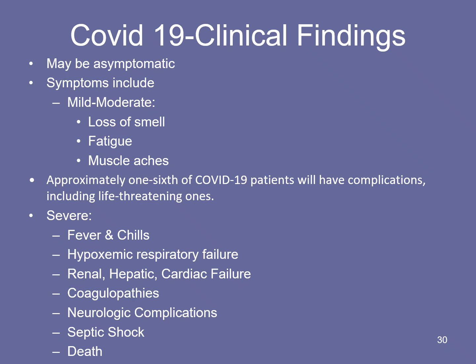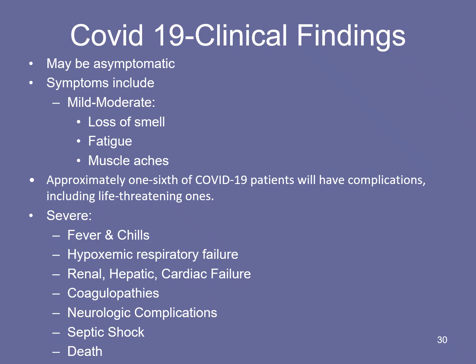Maybe he survived, maybe he didn't, but once you were intubated for respiratory failure secondary to COVID-19, your prognosis was just not great. Fever, chills, hypoxemic respiratory failure, but could you also have an element of hypercarbia? Absolutely. Renal, hepatic, cardiac failure, so this is your multiple system involvement. The coagulopathies were of a major concern as well.